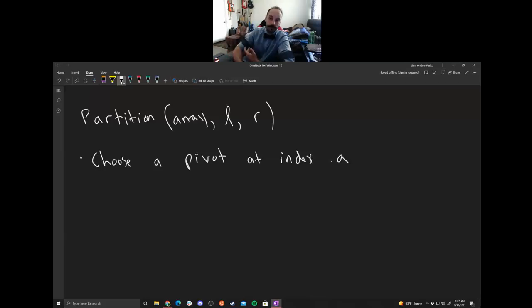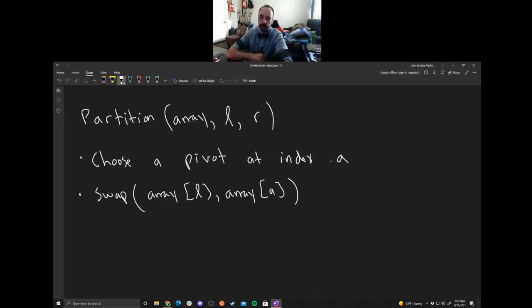So what I always do is I swap the array at index L with the array at index A where the pivot is. The way I was taught quicksort is I like to always have the pivot somewhere out of the way, not really getting involved in the partitioning phase.